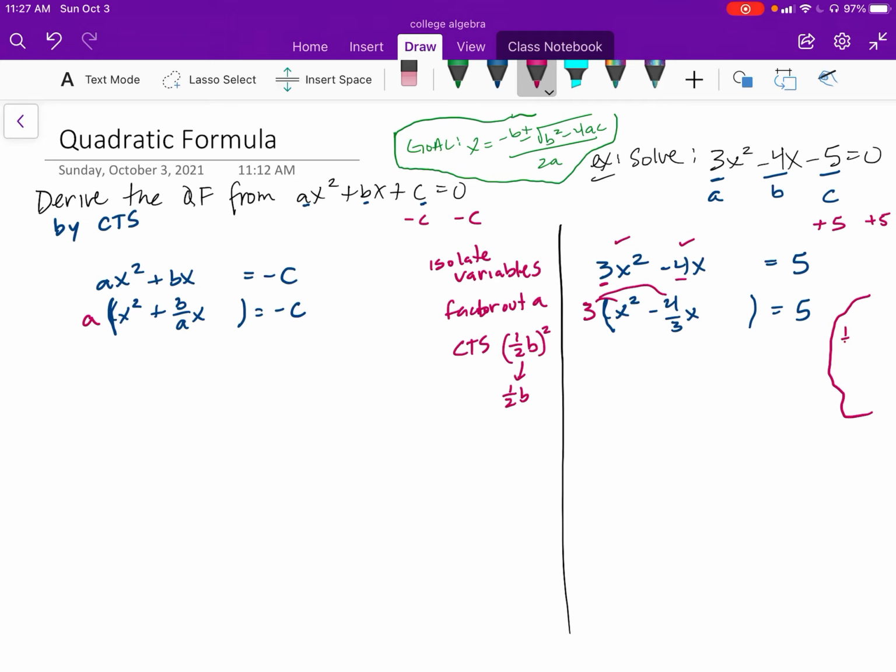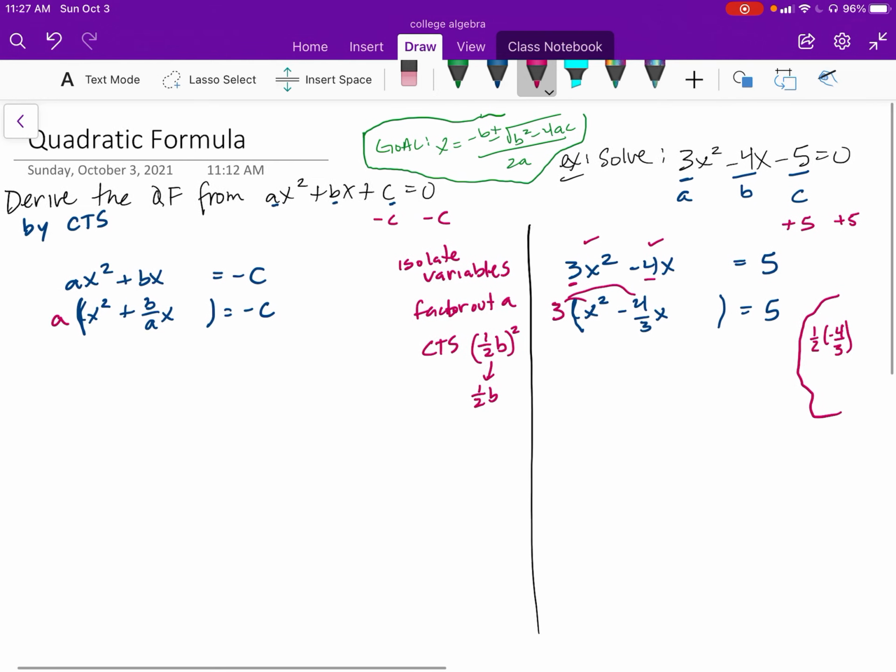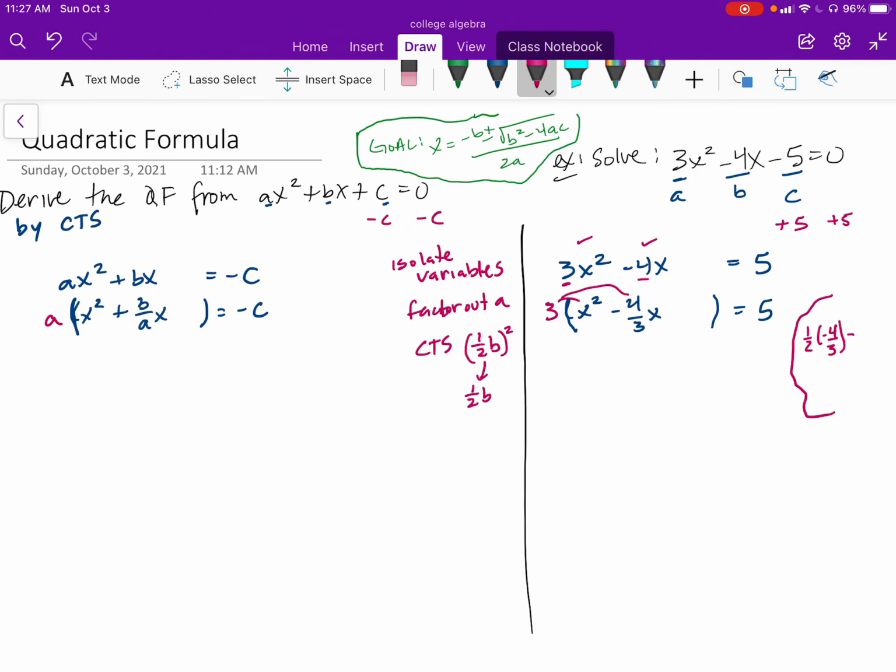I need to half -4 over 3. And that is negative, well, I could reduce the 2 and the 4, but -2/3. Right, we just reduce those terms. And now we take negative 2/3 squared, and that's 4/9. I need both of these numbers, and that's why I wrote them off to the side.